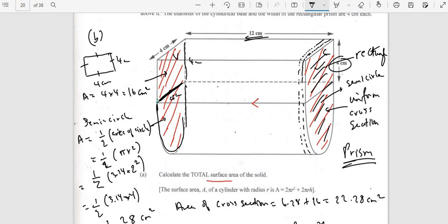So we're talking about the volume of the cuboid, or should I call it the rectangular prism. We find the area of the cross section, which is 16, multiplied by 12. That will give us the volume of the rectangular prism. So let's try that and see if we get the same answer.